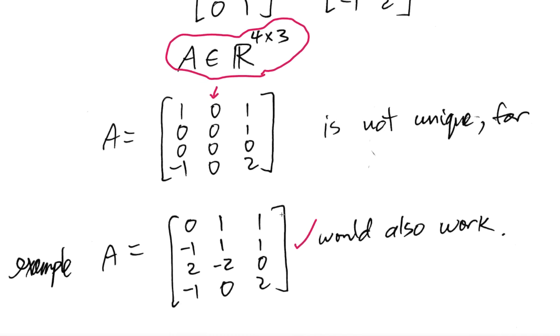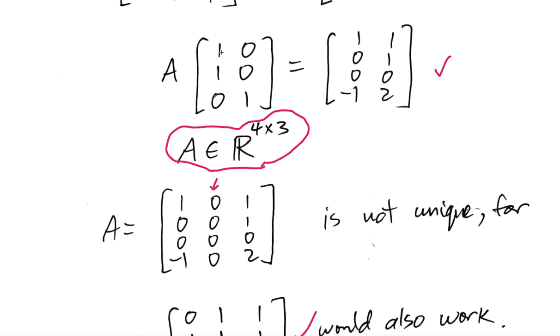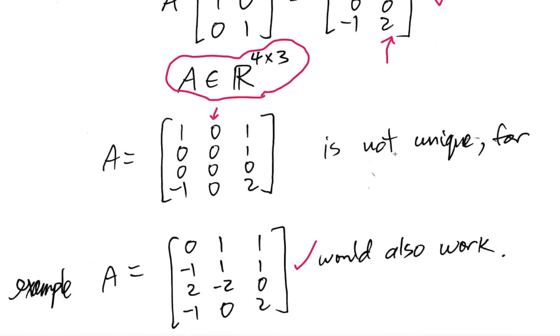You just got to make the sum work. Let me show what's happening when we multiply on this. You're just going to make sure that when this multiplies here, the sum of these two columns adds up to the first column over here, and then the last column is equivalent to the column there. That's all I'm doing.